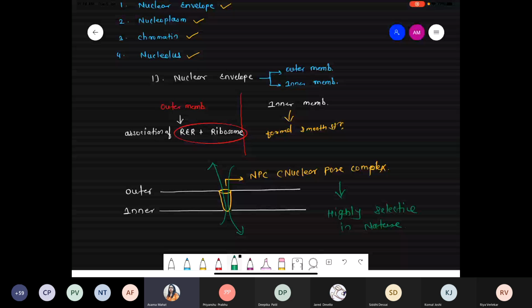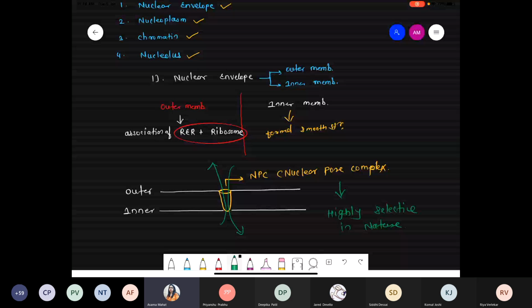So there is an exchange of material; molecules come inside as well as go outside. Millions of nuclear pore complexes are present on the nuclear membrane, but they are highly specific. If the enzyme or protein is related to the nucleus, that molecule gets entry; otherwise there is no entry for other molecules.